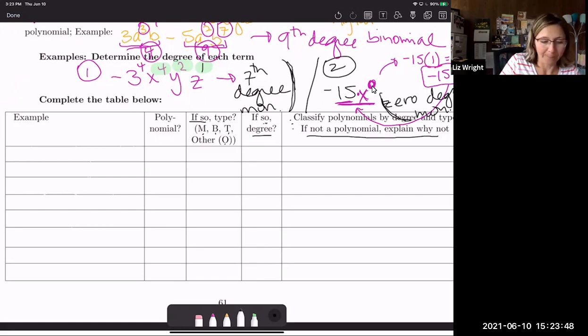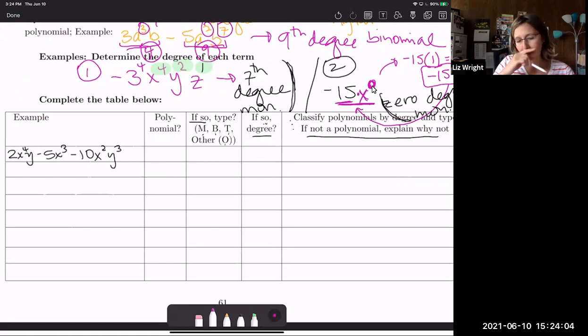So here we go. This first one is going to be 2x to the 4th y minus 5x cubed minus 10x squared y to the 3rd. So first of all, is it a polynomial? And again, the thing that you should be looking at are the variables. Do we have any negative exponents on a variable?